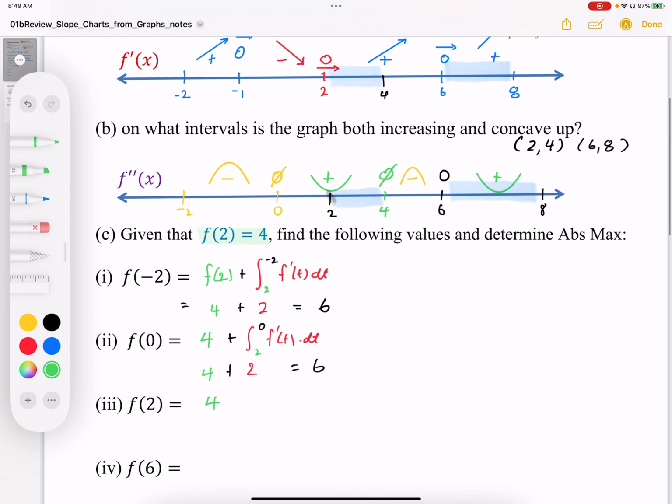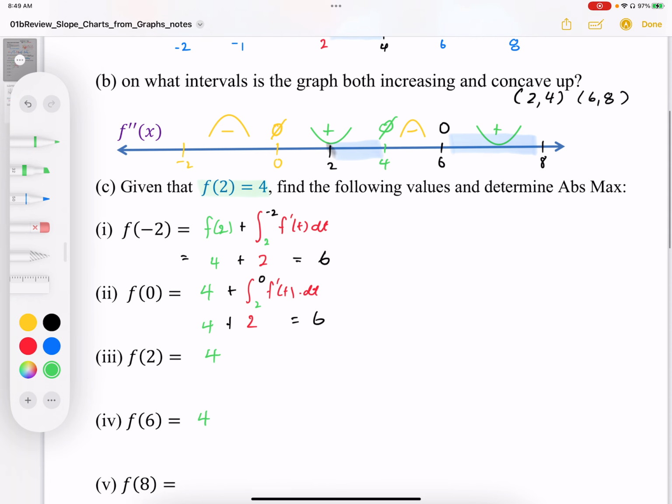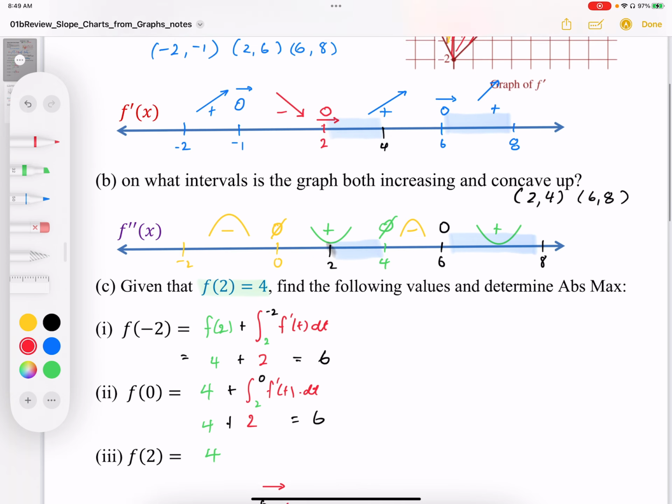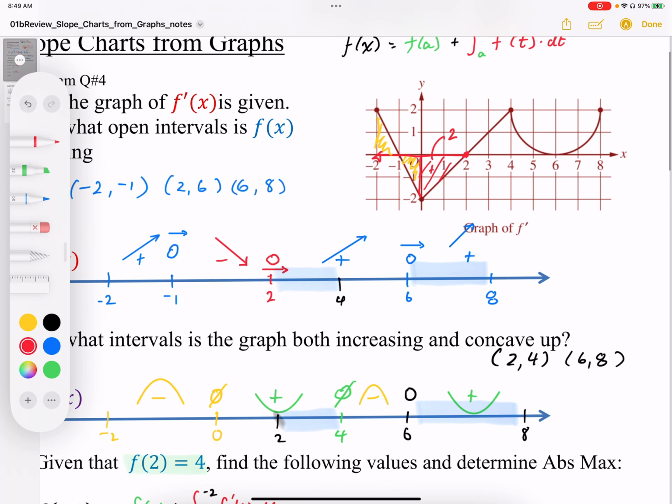F of 6, again, we're going to start at f of 2, and we're going to integrate or find the area from x is 2 to x is 6. Now, in this case, we're integrating from left to right, so area above is going to be positive, and area below is going to be negative. So when I look at the area from 2 to 6, I have this area in here.